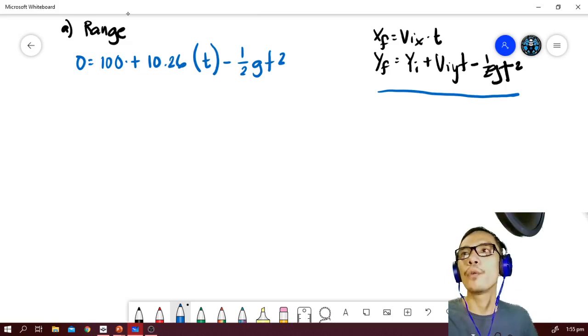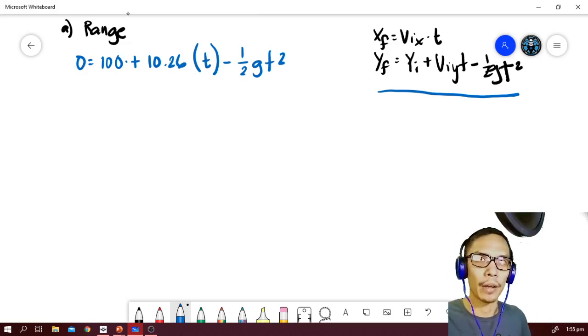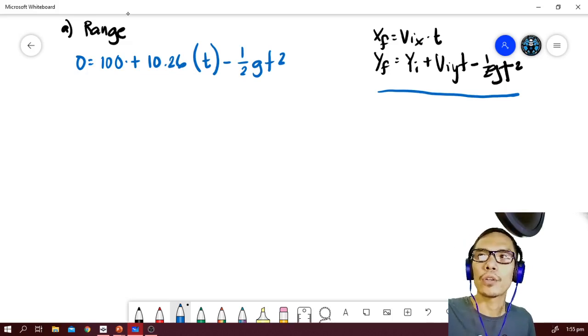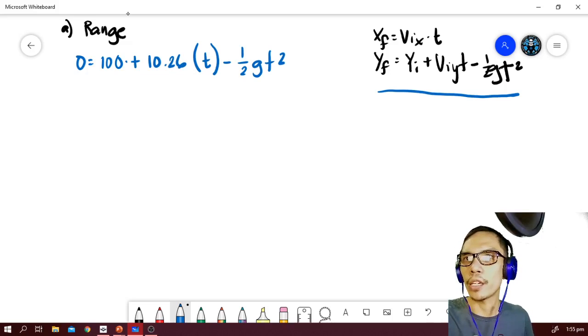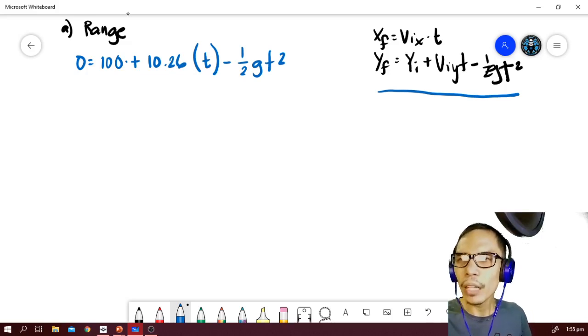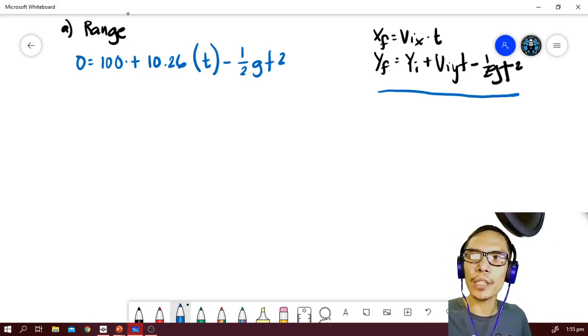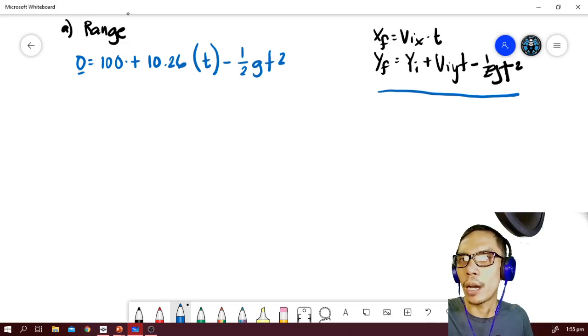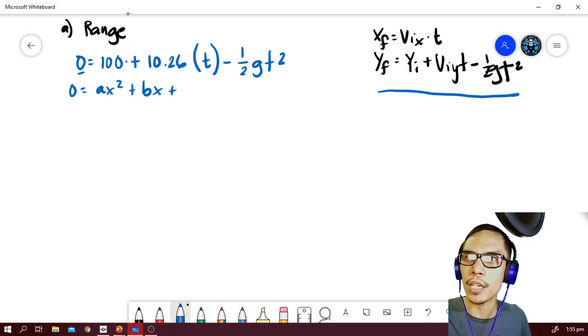But there's a way. We call it the quadratic formula. We can use the quadratic formula because the format that we have right here is 0 is equal to ax squared plus bx plus c.